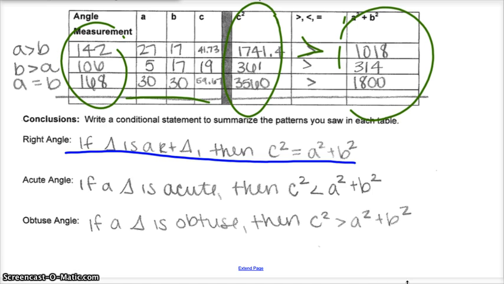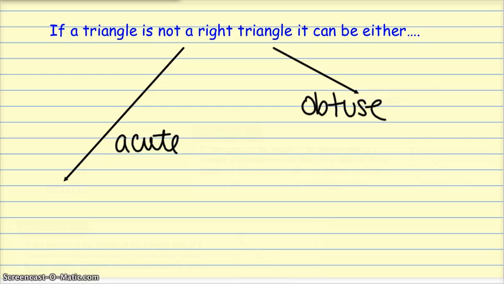We can do that with an equation. In an acute angle, if a triangle is acute, then we recognize every single time that instead of an equals, it was less than. And if we did it for an obtuse, every time we did it, C squared was greater than A squared plus B squared. So that's all I'm going to put over here on this slide.